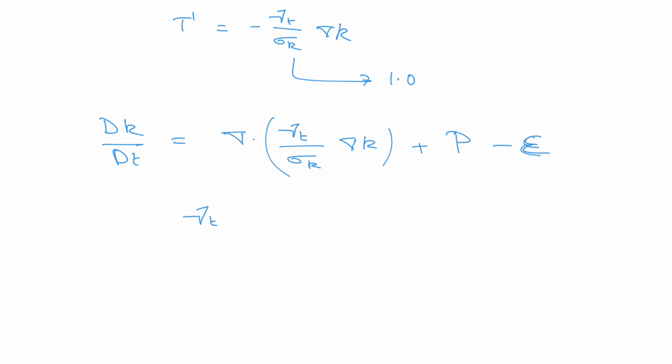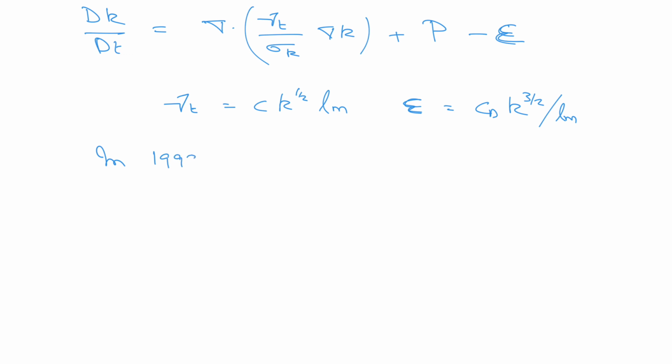Here this nu t is c k power half L suffix m, epsilon is cd k power 3 by 2 divided by Lm.